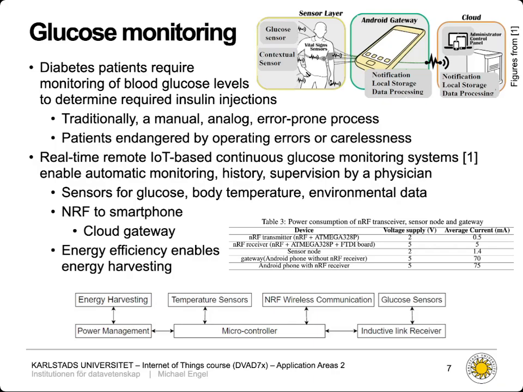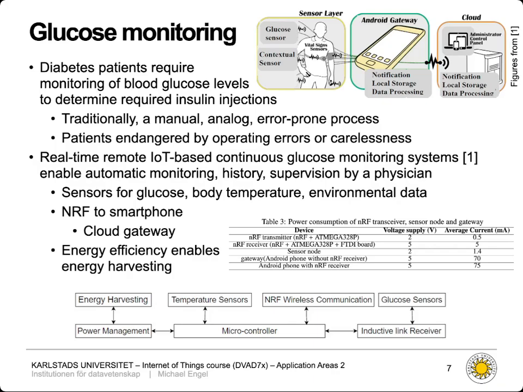Then you have a number of sensors like temperature and glucose sensors. The temperature sensors are connected directly to the microcontroller, so they can capture body temperature and outside temperature, whereas the glucose sensor is somewhere in a part of the body where it doesn't interfere with your daily life.